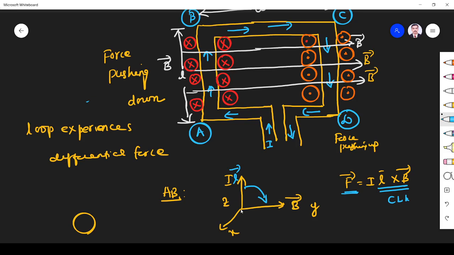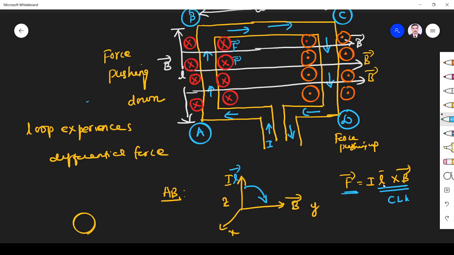Coming out is plus x direction, so the force will act inside the screen. That means it will push down the loop. That's what I have written here. Inside means I have to put a cross. This is the force direction, F, pushing down.